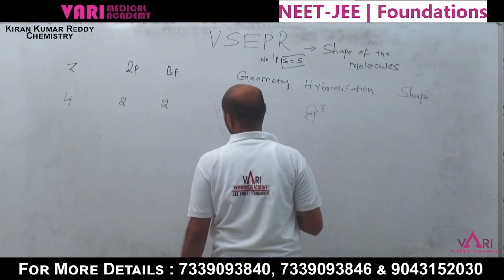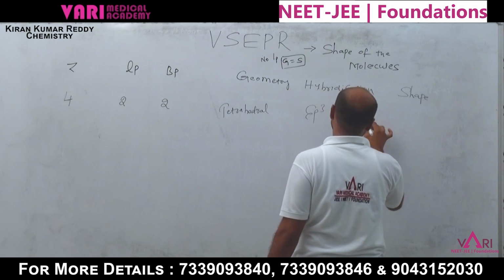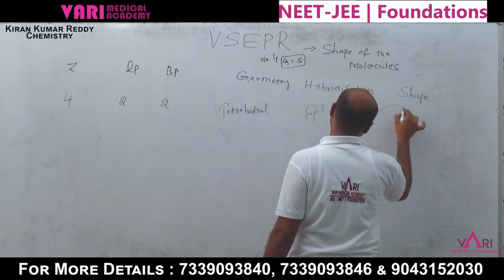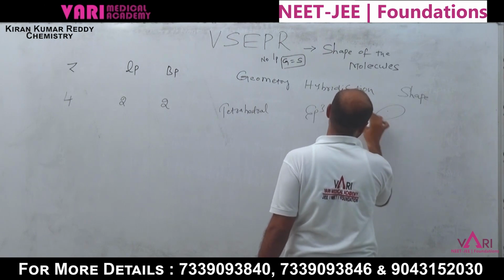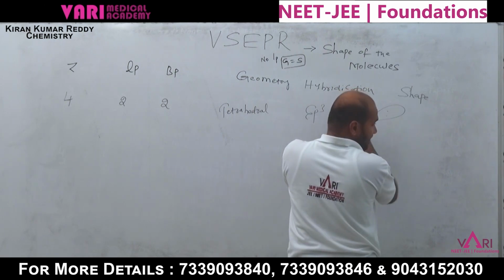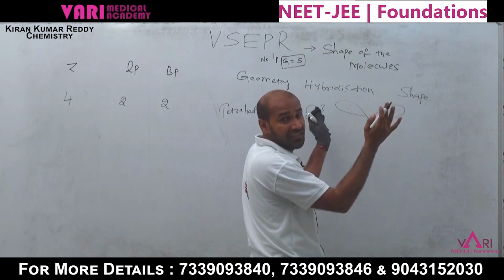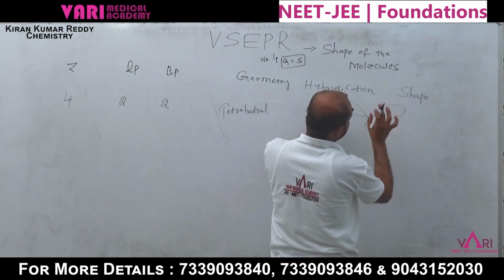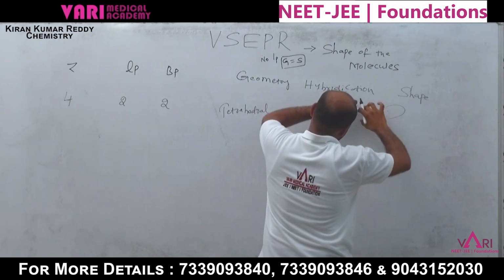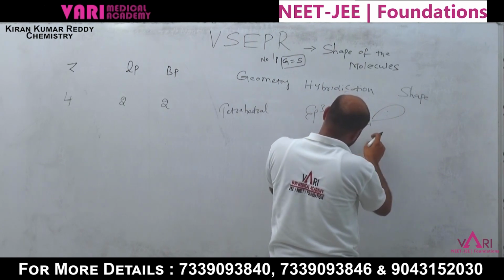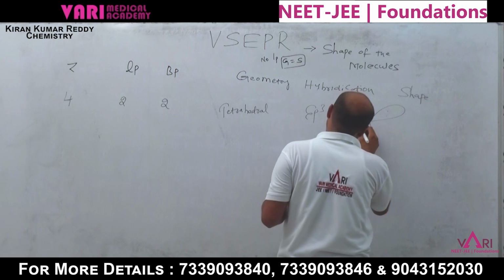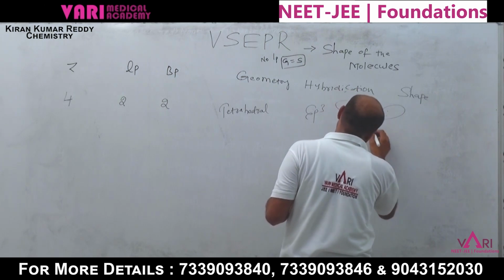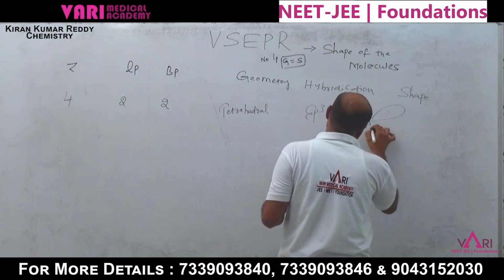And the shape of the molecule: there are 2 bond pairs and 2 lone pairs. The 2 lone pairs are close to each other, so there is more repulsion. If they are more spacious, there is less repulsion. If the lone pairs repel the bonds, the bond angle is reduced.